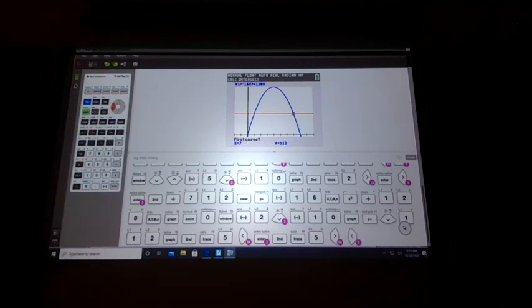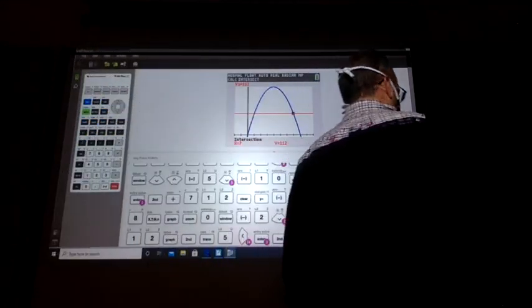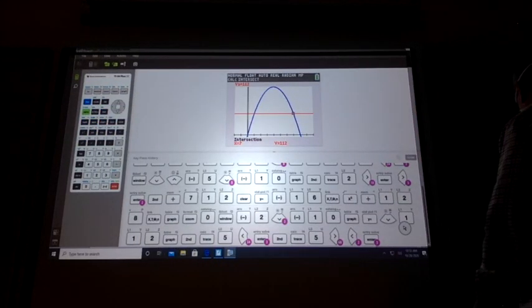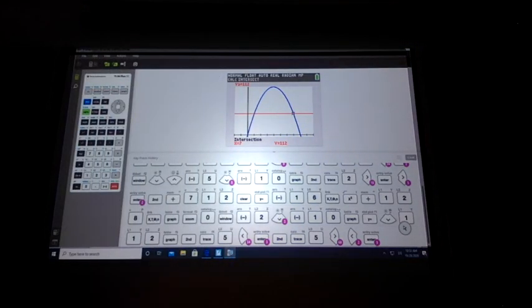So we're pretty close to that intersection. I'm going to hit enter, first curve, second curve, enter that as well. Guess, no. But at 7 seconds, so at 1 second and at 7 seconds, my rocket was 112 feet off the ground. It was 112 on its way up, and it got to 112 on its way down. I can guarantee this rocket went higher than 112 feet because my vertex is above that.